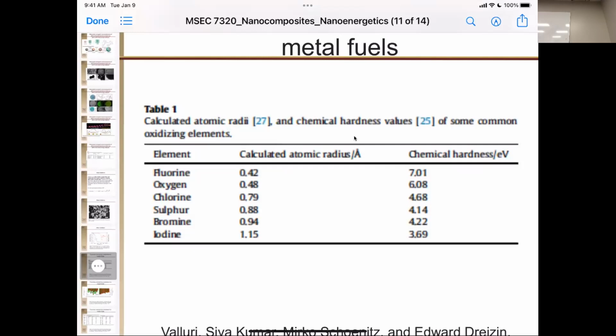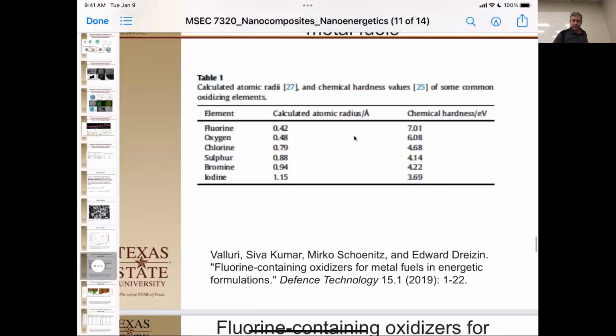What this means is that these will have stronger bonds with the things that they're bonding to. So you're going to get more energy in a carbon-fluorine bond than an oxygen one. So that means we can use any of these as oxidizers.